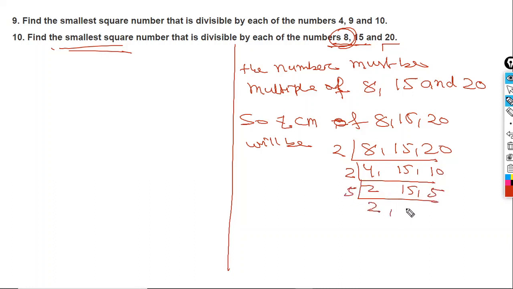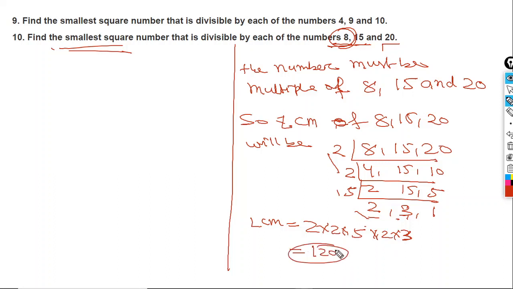You just write 2, 2 5 the 2, 3 the 15 and 1. Now LCM equals 2 into 2 into 5 into 3 into 2 into 3. So 2 into 2 into 5 into 2 into 3. Now just multiply them. 2 into 2 is 4 into 5, 20, 20 into 6, 120. So LCM is 120. So we can say 120 is a number which is divisible by 8, 15 and 20.